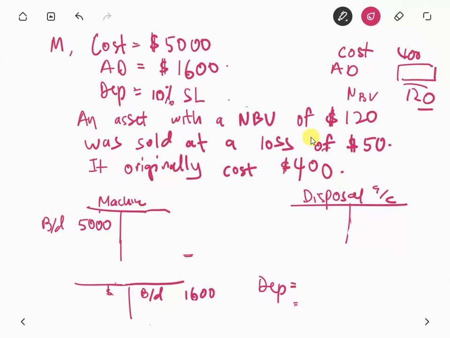That asset originally cost 400. So 5,000 and 16. Disposal 1 unit of asset with a net book value of 12, and I sell it at a loss. It cost 400 originally. So how? Step 1. 400, take out from your machine.